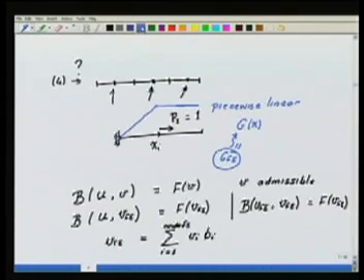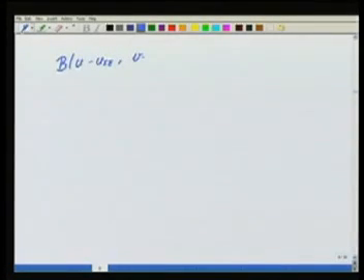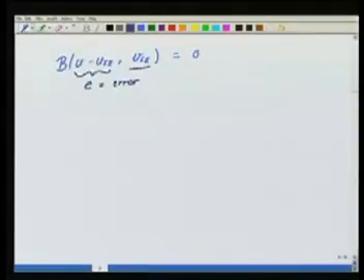Now, from these two equations, we can get B(u minus u_FE, v_FE) is equal to 0. This quantity is called the error e. So this says that the error in the finite element solution is orthogonal to all functions which can be represented using the basis functions that were used to form the finite element solution.